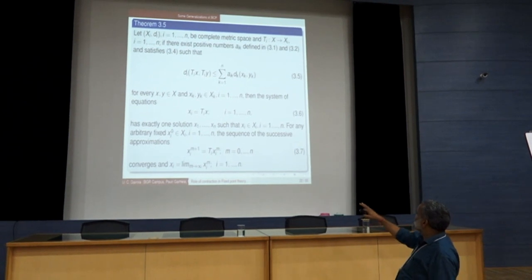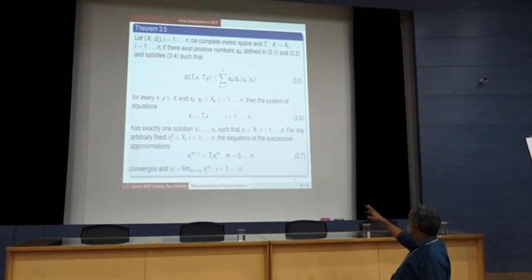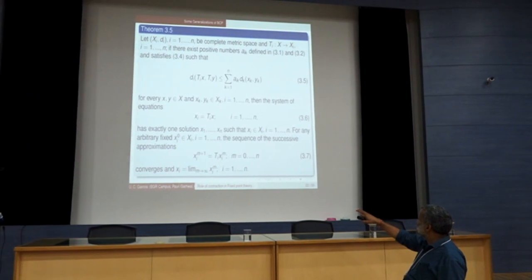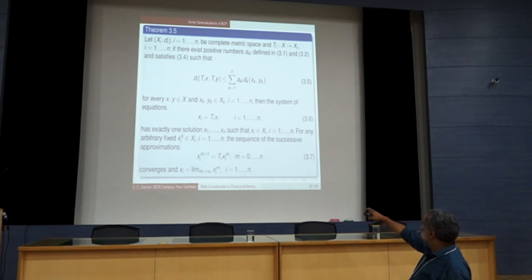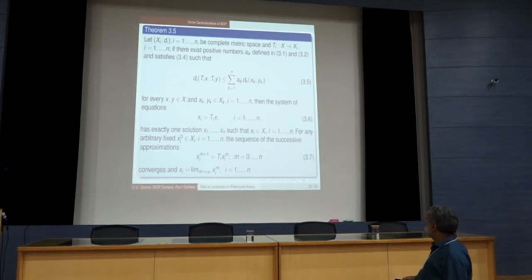Arbitrarily fix xi 0 belonging to Xi, and the sequence of successive approximations like this converges, and xi is equal to the limit as m tends to infinity of xi^m. This is xi m, not the power; it is the notation for the sequence.